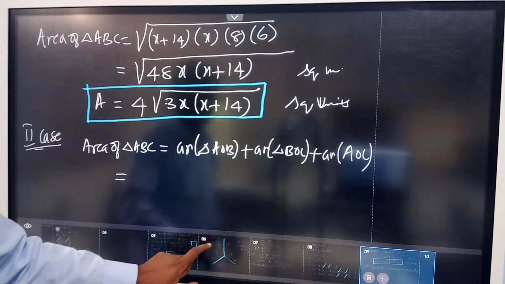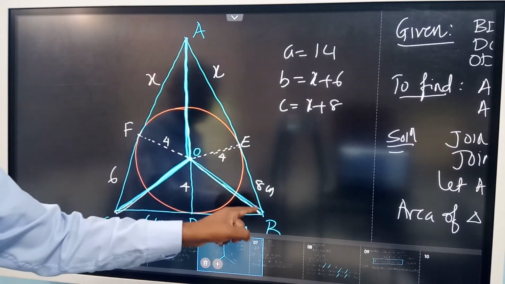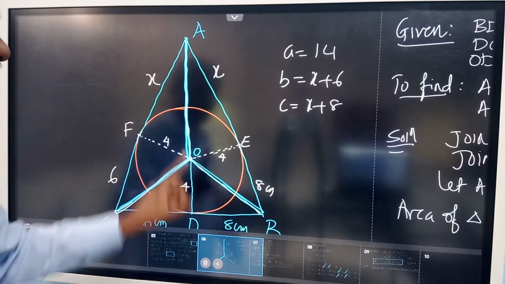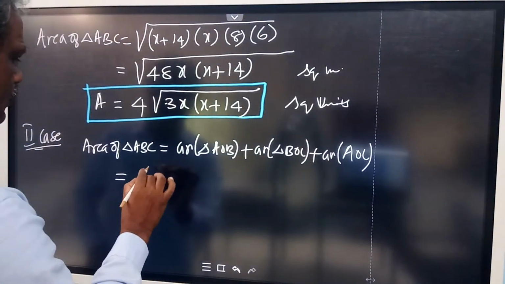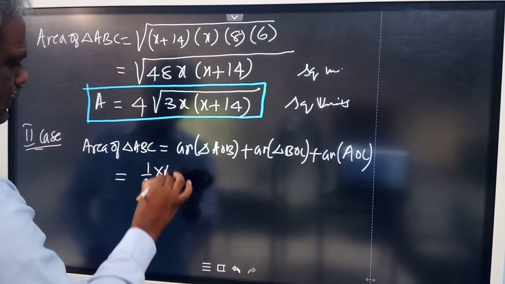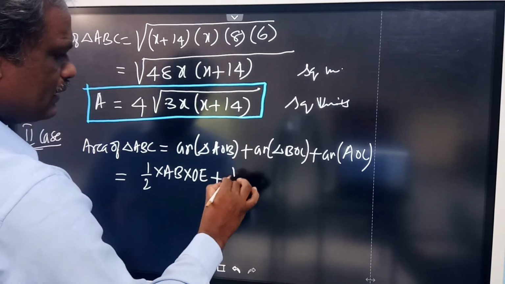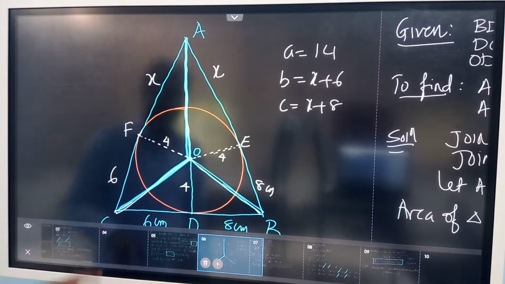First let us find out the area of AOB. See, this is base AB and OE is height. So you can write here half into AB into OE plus again half into BOC. Look at the diagram.